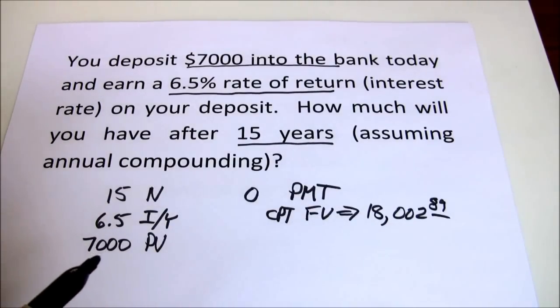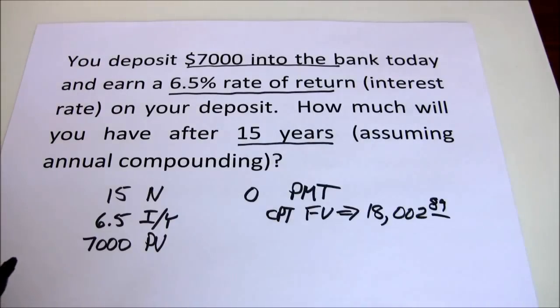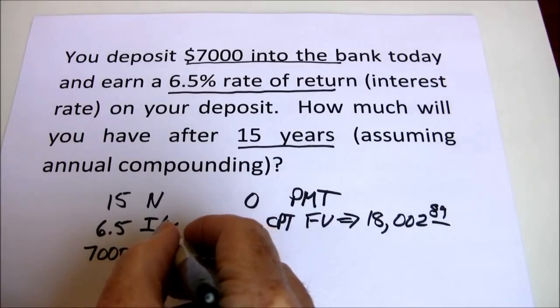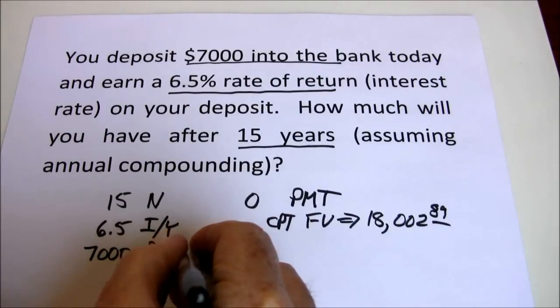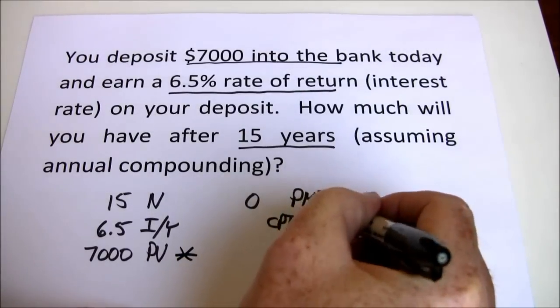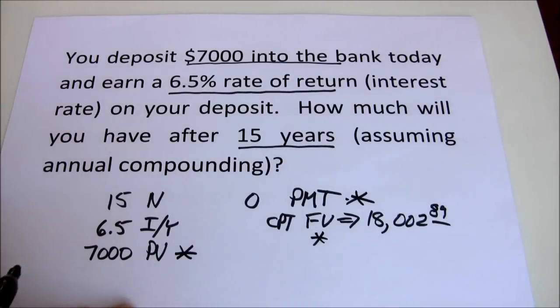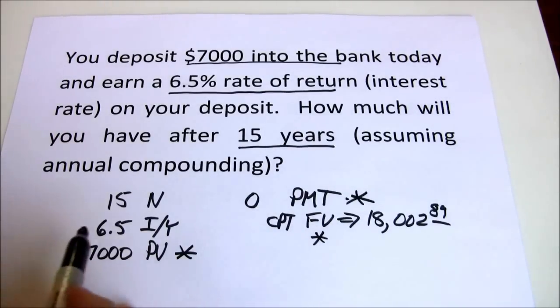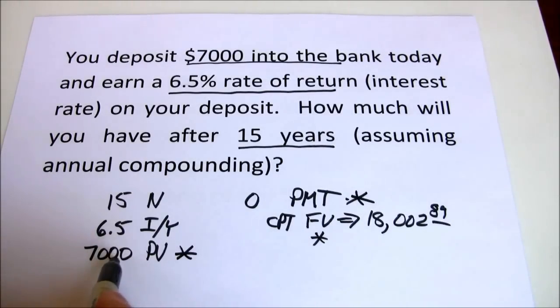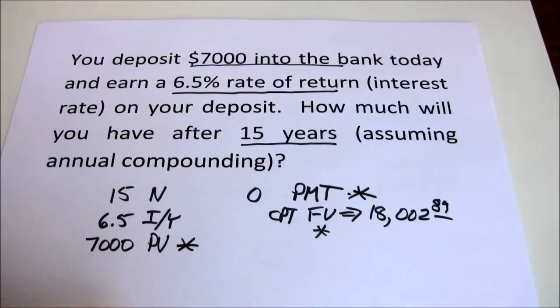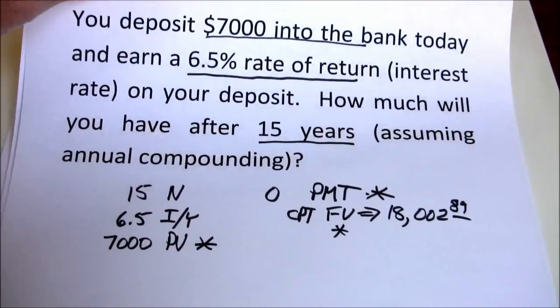Now the rule here, and we'll talk about this more as we move through, but anytime you have 2 or more of your cash flow keys, present value, payment, future value, any time 2 or more of those have non-zero inputs, you have to watch out for the signs. In this case, we have 1 non-zero input, so we don't have to worry about the sign. But a little bit later on, we'll get to some examples where we do have to worry about that. Let's go to another example.